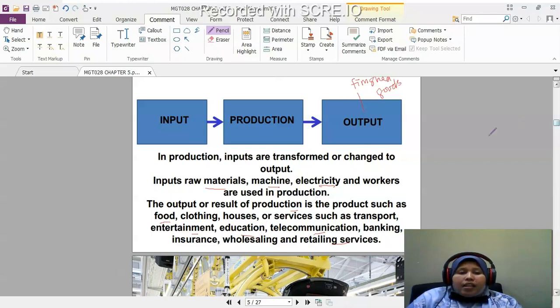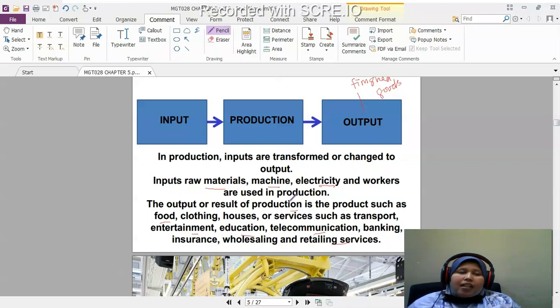So what is input? The things that we need to use to produce the production, for example, raw material. If you want to make a cake, what is the input that you need? We must have the flour, and then butter, and then what others?